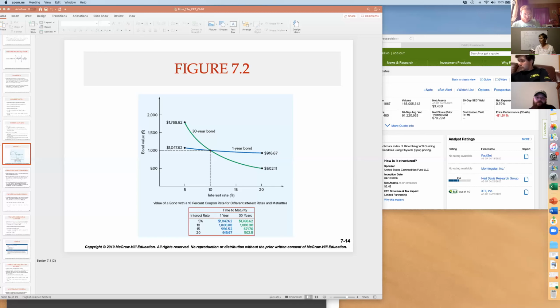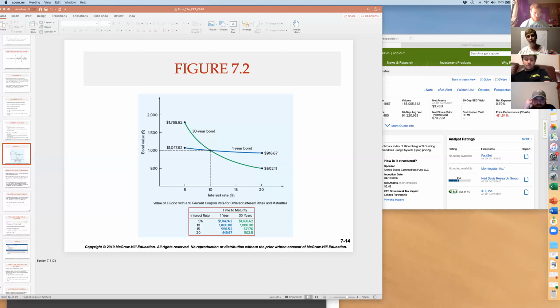Now, the point of this graph, that green line represents all the possibilities of the price of the long-term 20-year bond, right? So all we're doing here is allowing the interest rate to change. And you'll see along the x-axis, interest rates are 5%, 10%, 15%, 20%.